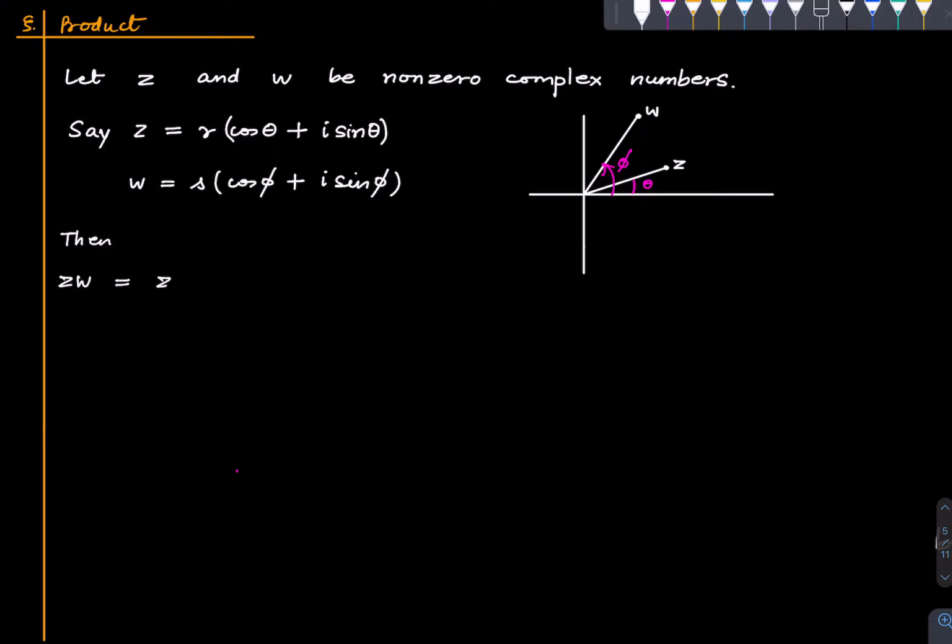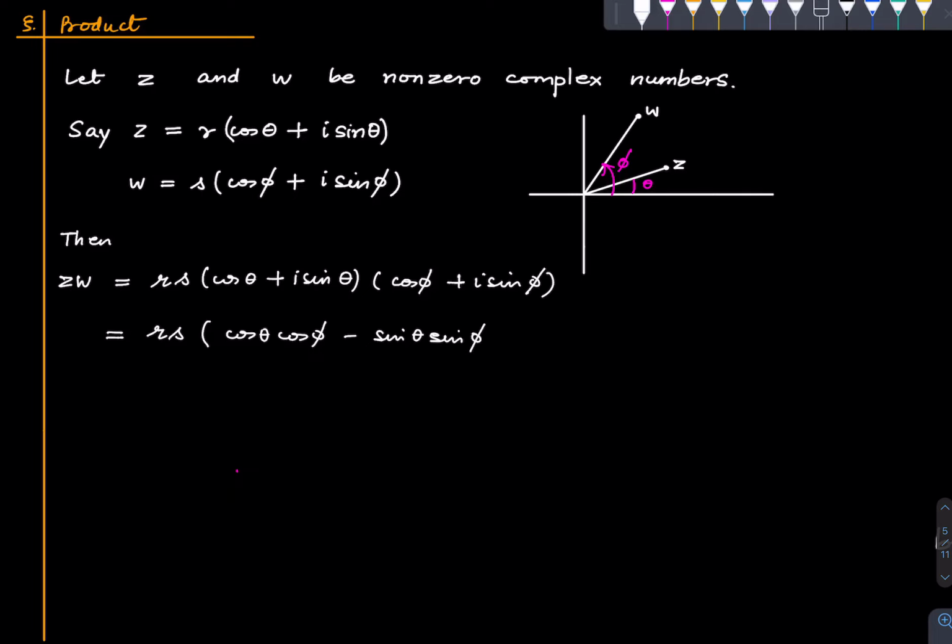So zw is rs times (cos theta plus i sin theta) times (cos phi plus i sin phi). This is equal to rs times [(cos theta cos phi minus sin theta sin phi) plus i times (sin theta cos phi plus cos theta sin phi)].